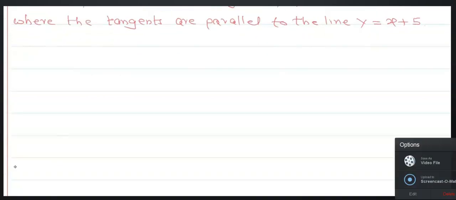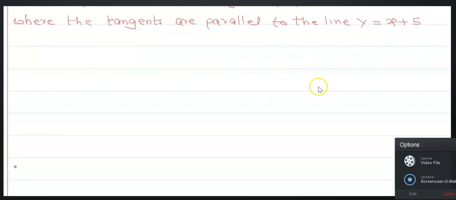Here we want to find out the point at which, if we draw the tangent to that curve, that tangent is parallel to this line. As these two lines are parallel, this is the application of geometry.